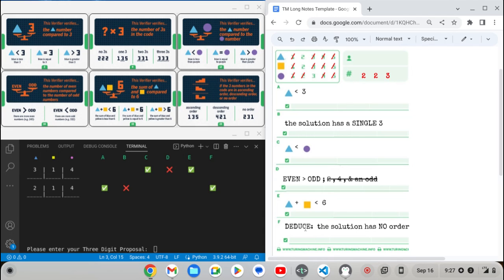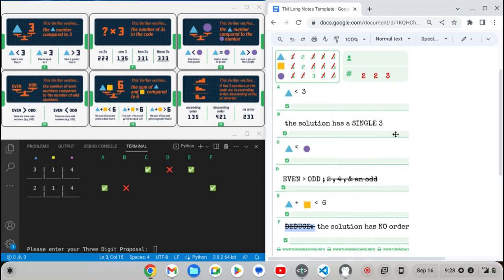And actually we did not deduce, we did confirm that the solution has no order, even though the deduction did come out to be true. I ended up confirming it. So that looks like the solution based on all of the puzzle play here. Okay, I'll have to revisit that argument and see what went wrong.